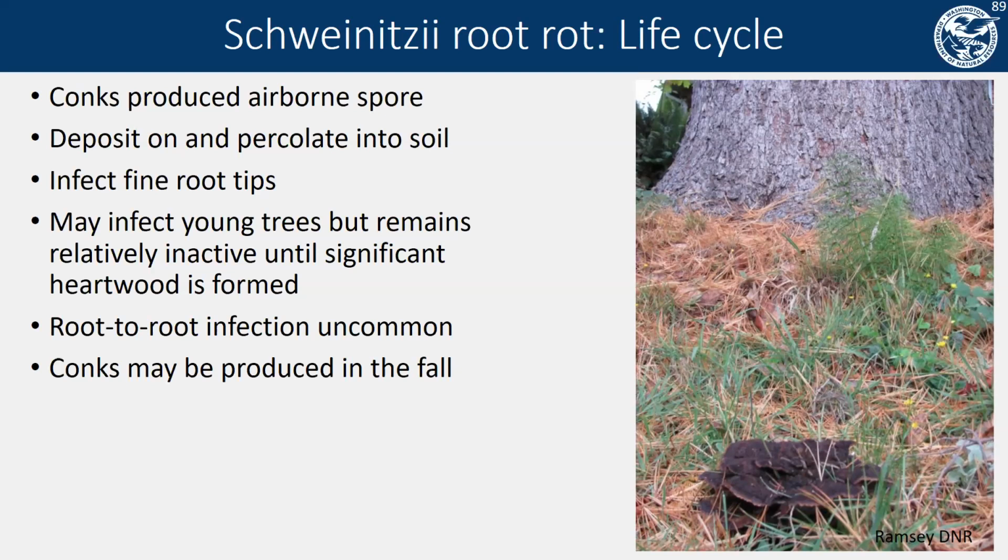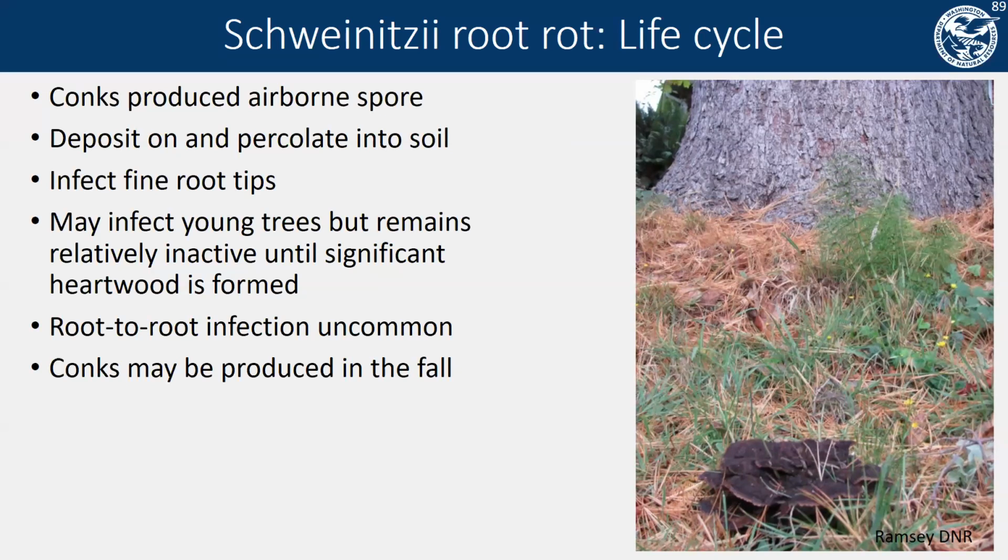In this way, they interact with the fine root tips of the tree, the smallest of the roots and the very tips of those, where they're able to infect the tree itself. Now, this infection can happen on trees of all ages. But trees that are young don't have significant amounts of heartwood, and so there's not much impact to those trees. It's only on these much older trees that have significant amounts of heartwood that Schweinitzii can start to cause impact.